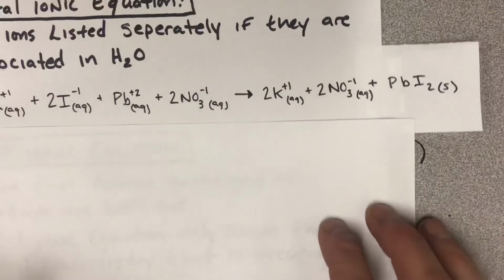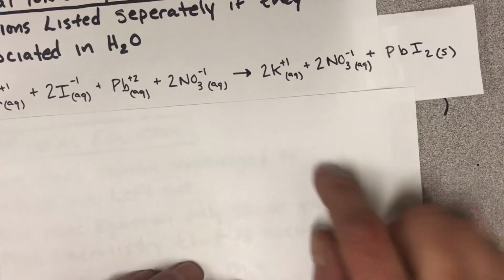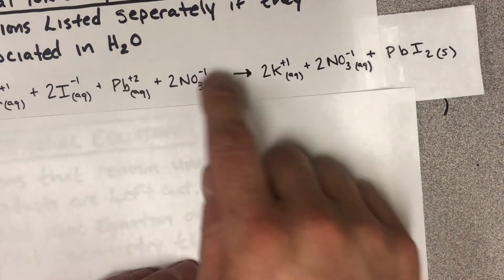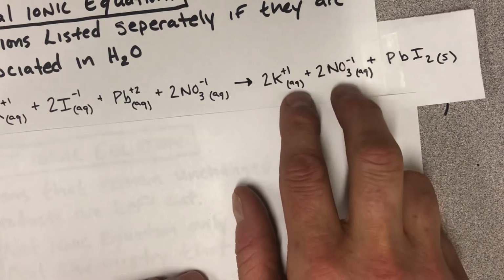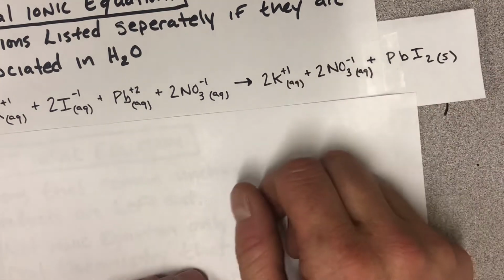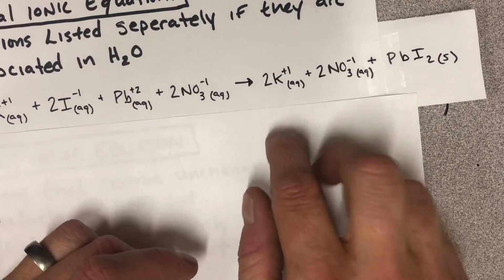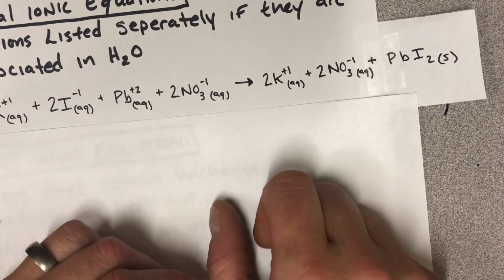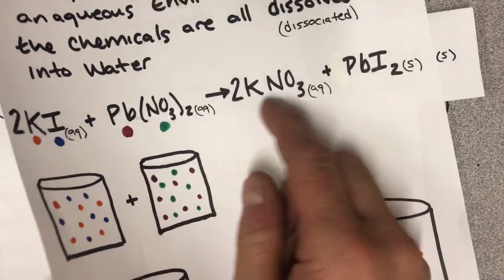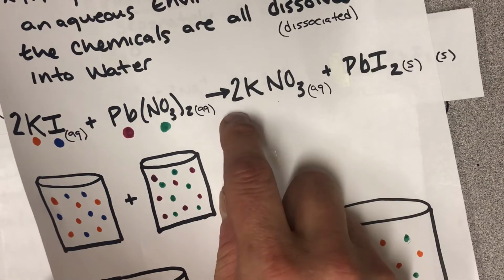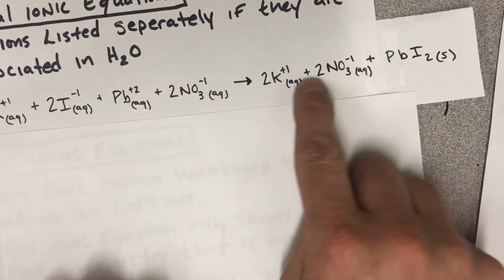And then on the product side, we have the things that remain soluble, like the potassium nitrate. We would look at the solubility table and determine, based on it being a nitrate compound, that potassium nitrate remains in solution and dissolved. So the 2 KNO3, that's 2 potassium ions and 2 nitrate ions, and there they are.